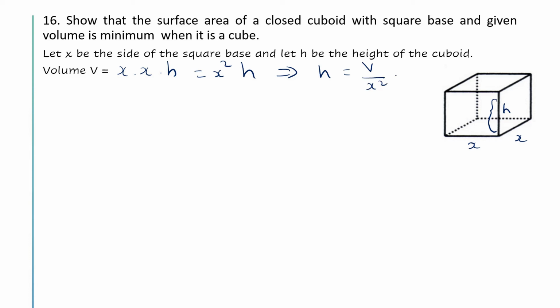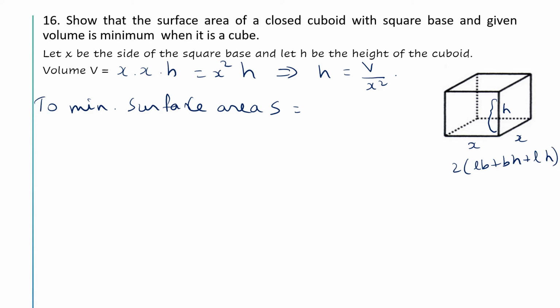Now we have to find the minimum surface area. So to minimize surface area, we know that the surface area of a cuboid is given by 2 into LB plus BH plus LH. So here we can see that length and breadth are both equal to x.